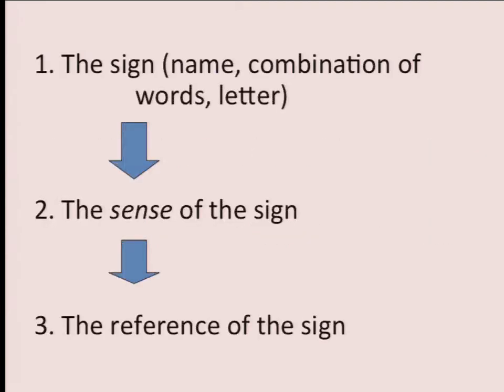His picture is there are three things in the analysis of the meaning of a name. There's the sign, the combination of words or letters, the morning star or the evening star or Raleigh or whatever it is. Then there's what Frege calls the sense of the sign, and that fixes the reference of the sign. So if we know what sense is, then we are home.